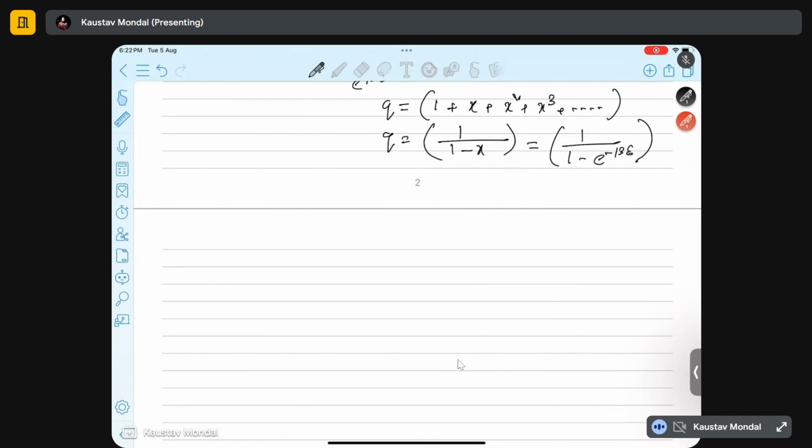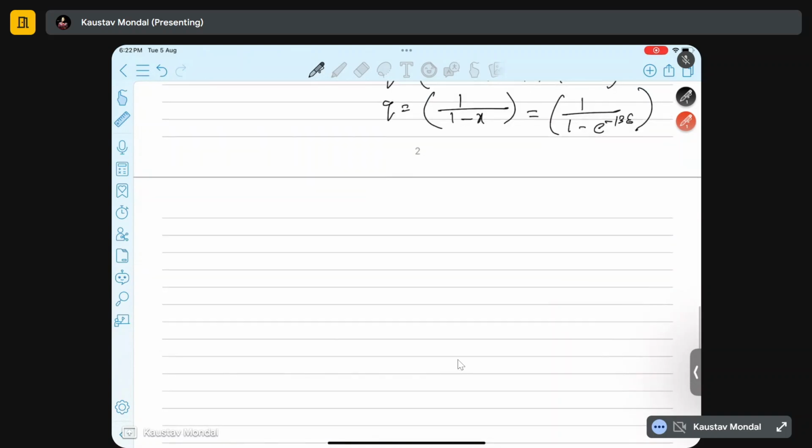Now using that partition function, we can write the probability of a particle being in a state with energy ei. So that would be simply pi would be e to the power minus beta ei by q, right?